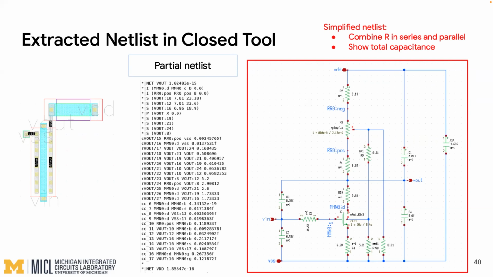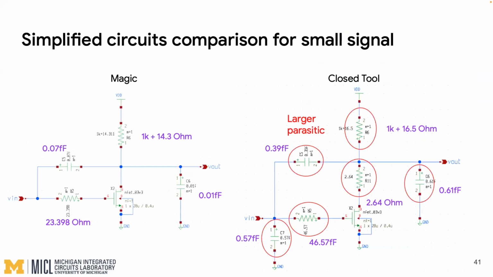So let's compare the schematic from Magic and from the closed tool. These two schematics are shown here. Actually, I simplified the previous schematic. I tried to combine again the resistance in series and parallel and calculate the value, and combine the capacitance in parallel.